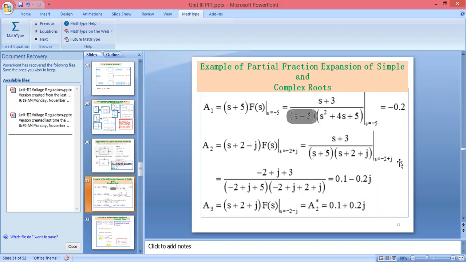Solving by putting s equal to minus 2 plus j, you will get 0 minus 1 minus 0 minus 2j. It means you can take the frequency domain value in terms of the complex variable. The other one will be the opposite, because here you take 2 minus j and there 2 plus j. So you will get 0.1 as it is, but minus 0.2j becomes 0.2j.